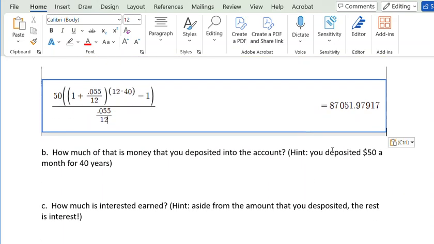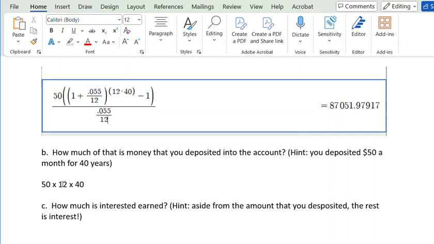Question B says how much of that is money that you deposited into the account? And the hint is that you deposited $50 a month for 40 years. So if I deposited $50 a month for 40 years, that means I'm putting in 50 times 12. That's how much money I'm putting in each year, and I'm putting in that amount for 40 years.